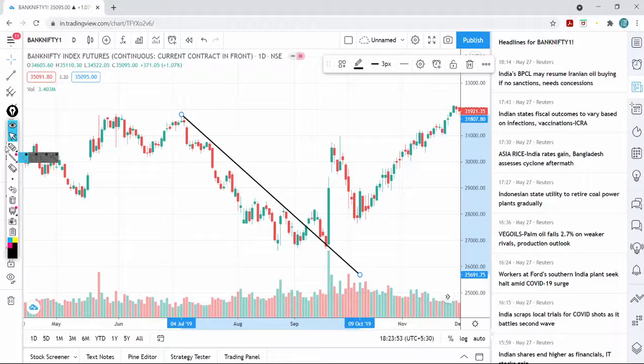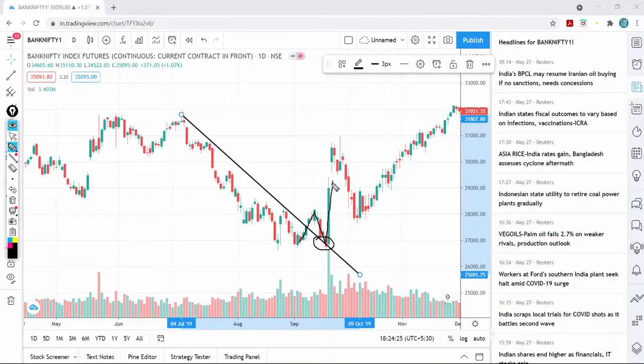Now once we have drawn a trend line, what we need to look at is this: just because price is breaking a trend line, we should not think that the trend has changed. Here the trend is down and the trend line is breaking, but this doesn't mean the trend has changed from down to up. What we need to do is wait, because once the trend line is broken, price will make an attempt towards the downside and test this trend line again.